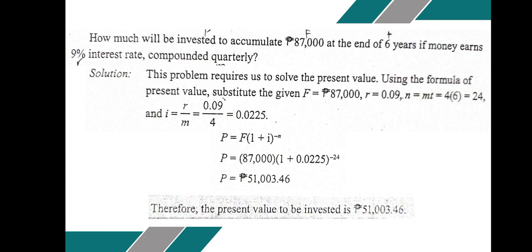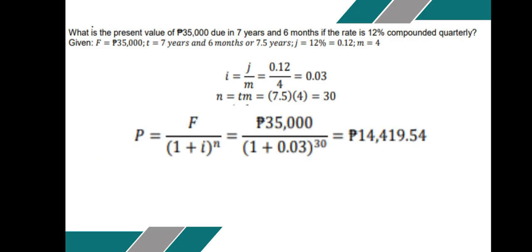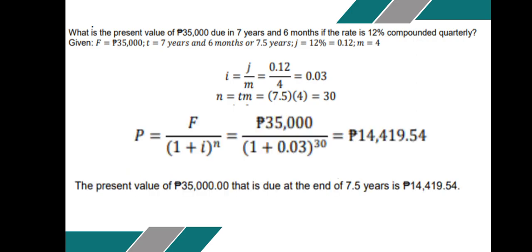Okay, so therefore the present value to be invested is 51,003.46 pesos. Okay, so this example I will leave to you as your reading assignment. It is easy anyway, since what we are looking for here is also the present value.